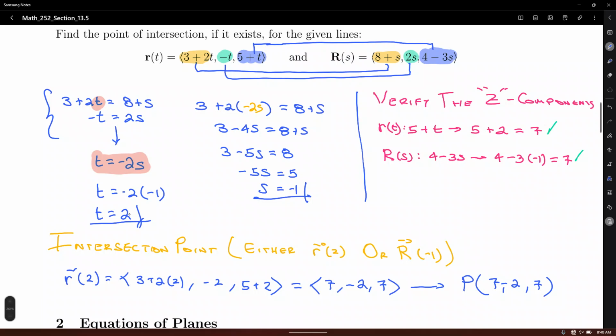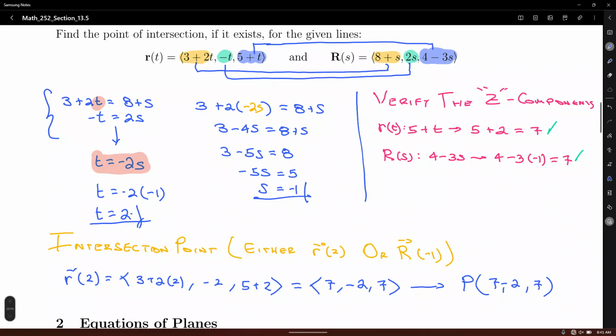Well, we need to compare these two results for s and t. If those two values are exactly the same, that means the particle along the line R of t would be passing through the intersection point at the same time as the particle going along R of s.